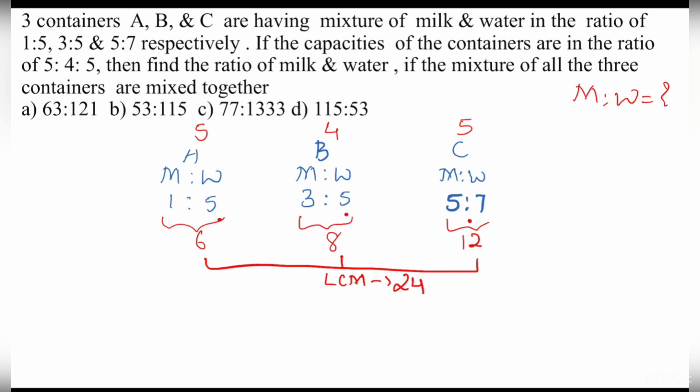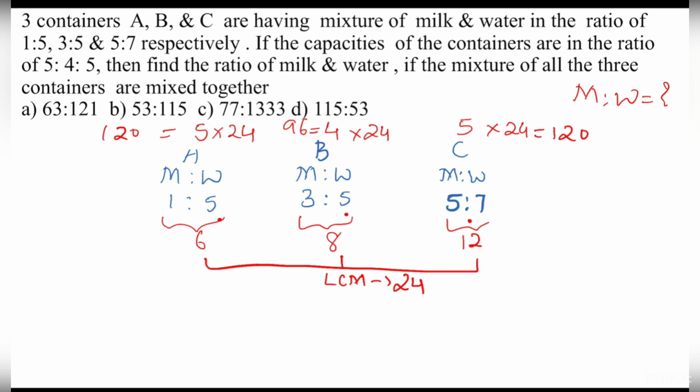So, the capacity of A container will be how much? 5 into 24, 4 into 24, 5 into 24. So, it is 120 liters. Here it will be 96 and here it is 120. Okay. This gives us the capacity.